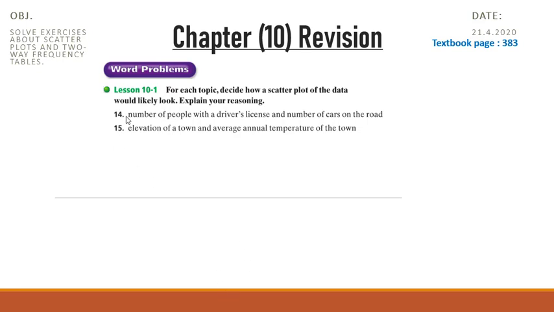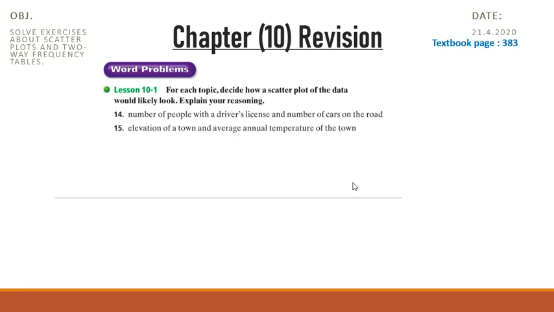Okay, the first one, 14. Number of people with a driver's license and number of cars on the road. I think guys, the more people we have with a driver's license, the more cars we have on the road, right?